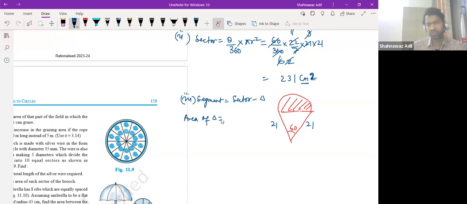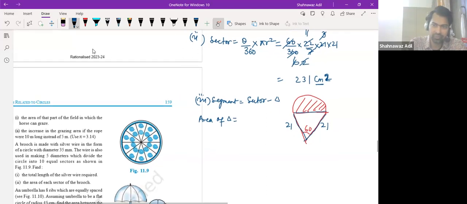Half base into height. How can we use that? We don't have the height, right? This is 60 degrees, so we cannot use that one, right?